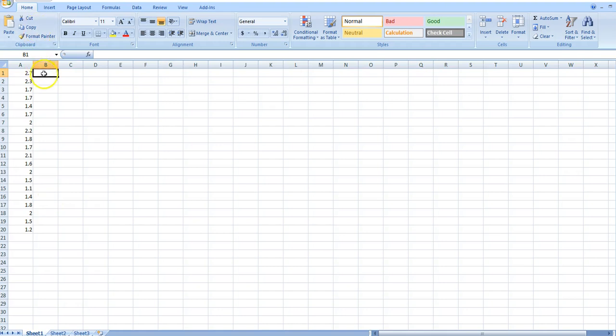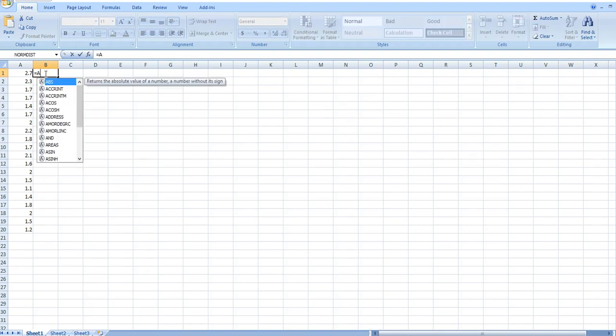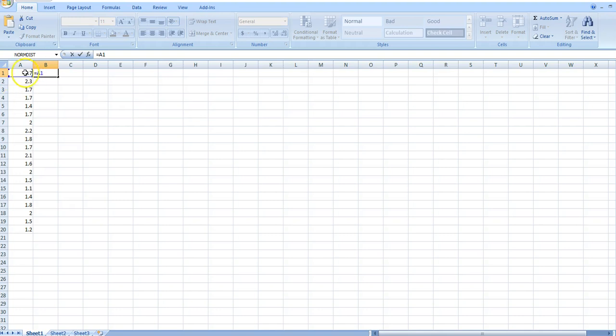All right. Since these are percentages, then the first thing I'm going to do is program Excel to change them to decimal form. Well, remember, to change from percent to decimal, you just divide by 100. So up here in cell B1, I'm going to start with my equal sign and go back and tell it to take cell A1, which is really the 2.7, and I'm going to put slash divided by 100 and then press enter, and notice it changed from the 2.7% to its decimal form of 0.027.